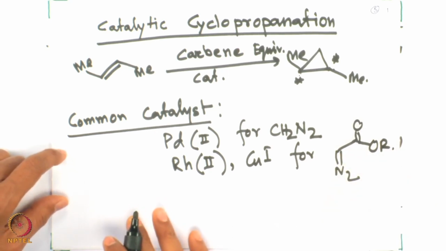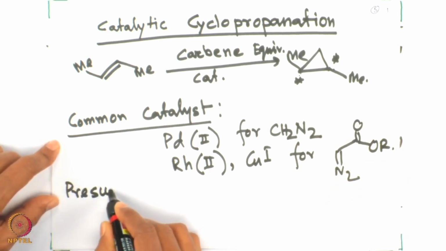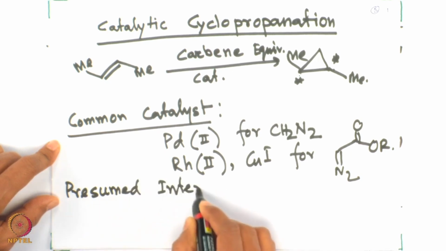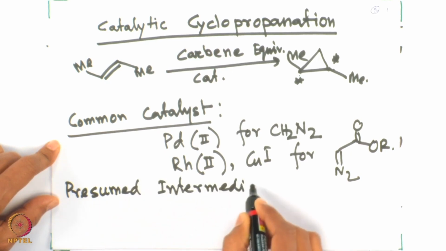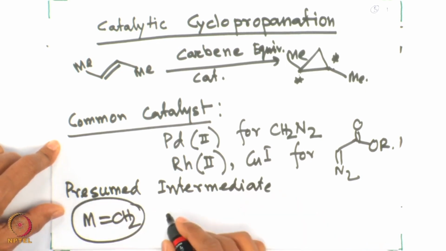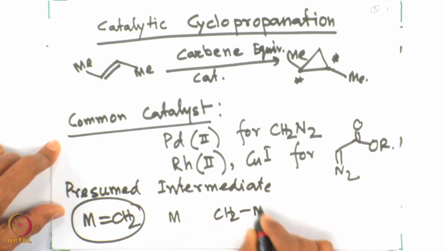Now, it also becomes important how these reactions are working. We can have a presumed intermediate for these cases, which is nothing but a metal carbene equivalent. Of course, that is what is forming, but how it might be forming, let us look at from the diazomethane one.